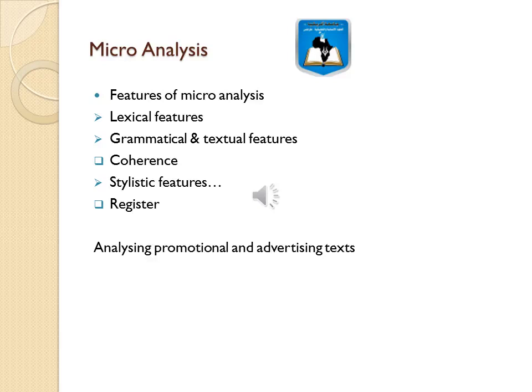So translators need to identify if the source text register is personal or impersonal, and formal or informal, and so on. So that's it. We need to decide whether a text is formal or informal. That's what the register is for.